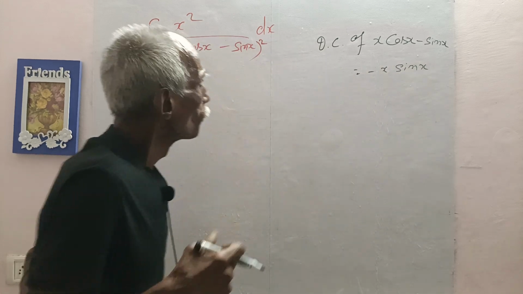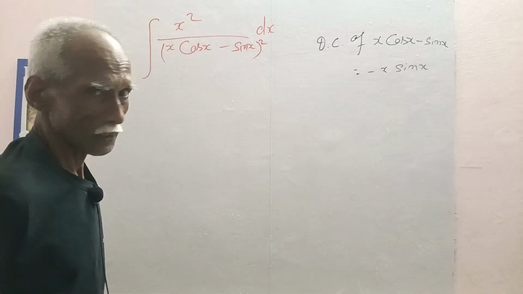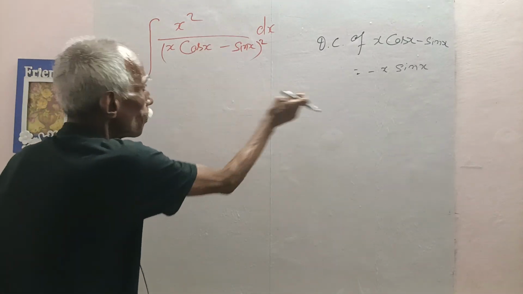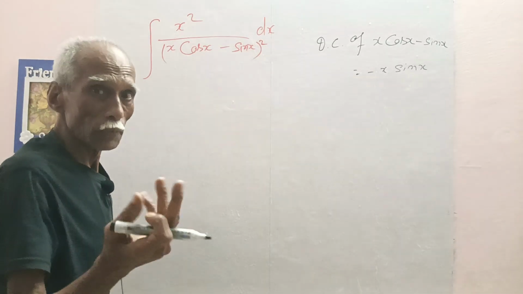Differential coefficient of the denominator means x cos x minus sin x is equal to minus x sin x. But minus x sin x is not here. Then what do I have to do?